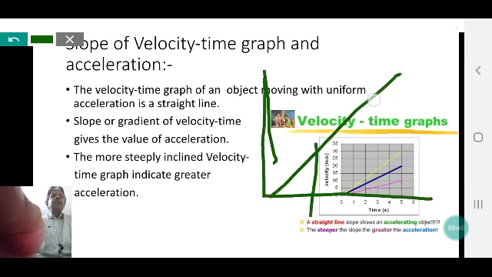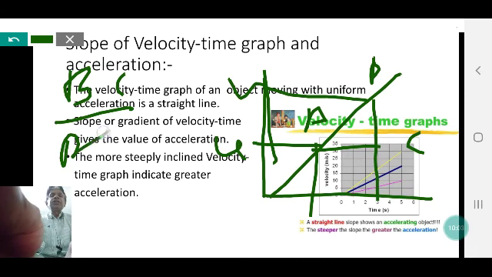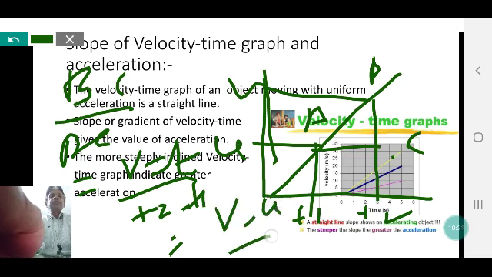So BC by AC is equal to v minus u divided by T2 minus T1, that is, v minus u by t.